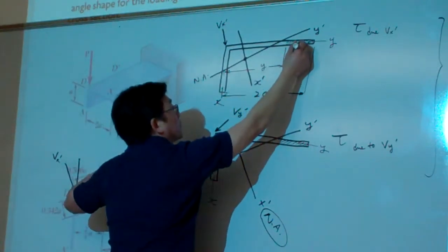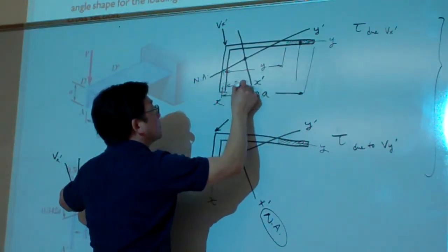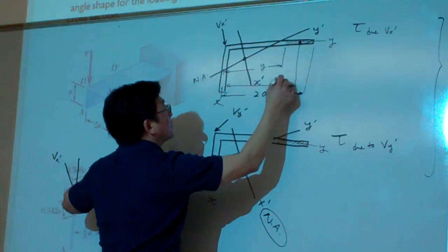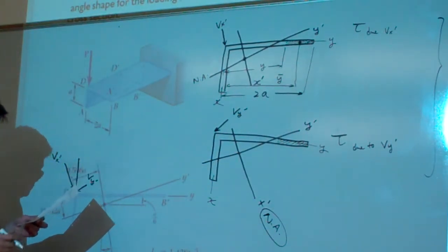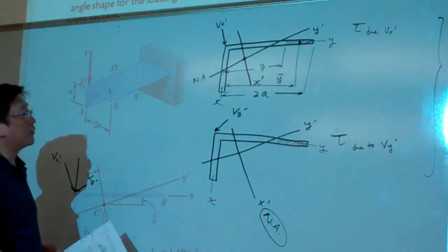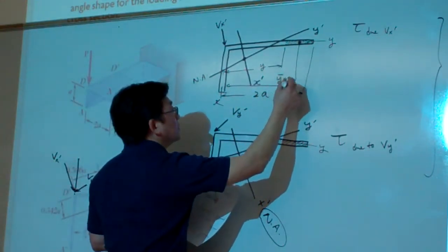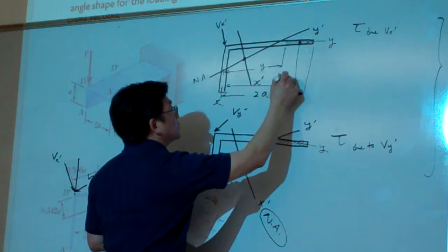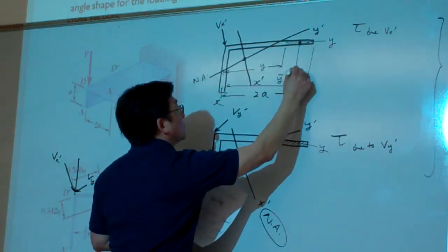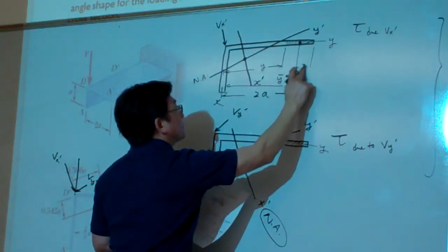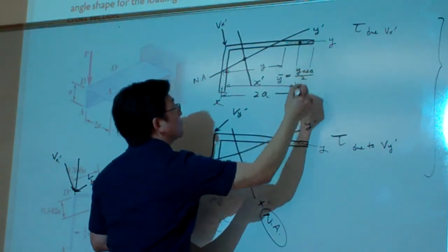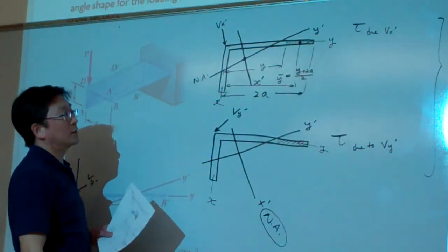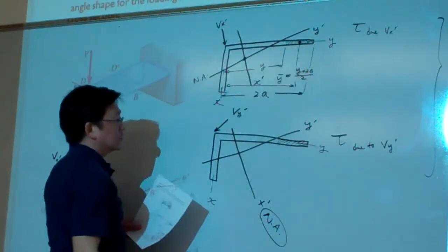So the centroid to here, let me call the y bar. Y bar basically equal to how much? Y plus 2a divided by 2. Okay, y bar. So y bar is from here to here.